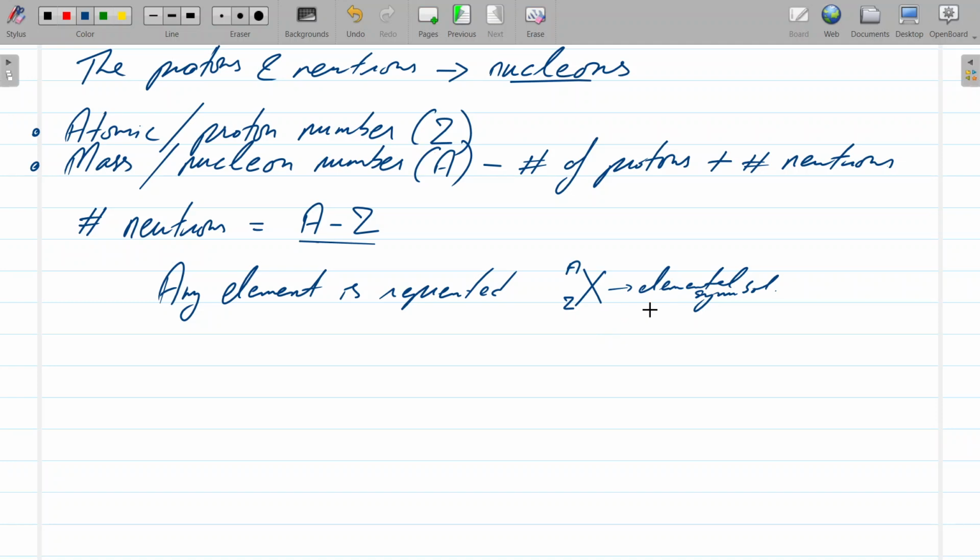Also, they mention that the electrons of an atom determine the chemical properties of the atom, which we know.